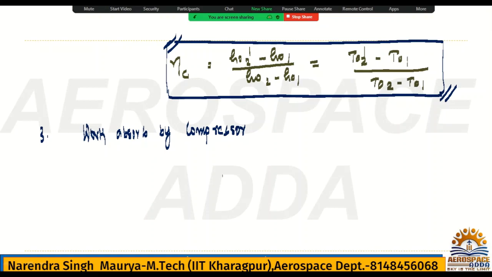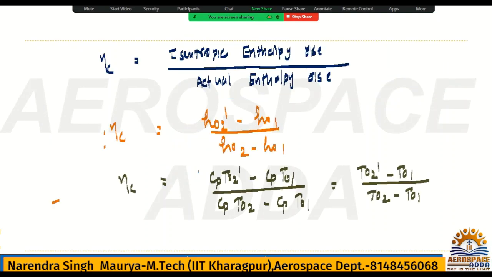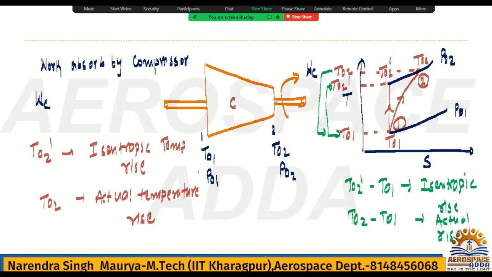When I explained the cycle on which the jet engine is based, I explained the compressor process: it was a reversible adiabatic or isentropic compression. Yes or no? And if you calculate the work for the compressor, WC, which is the consumed work, for the cycle process 1 to 2.